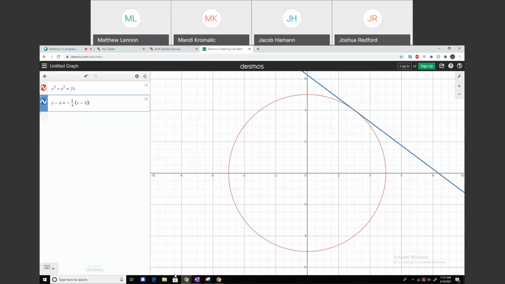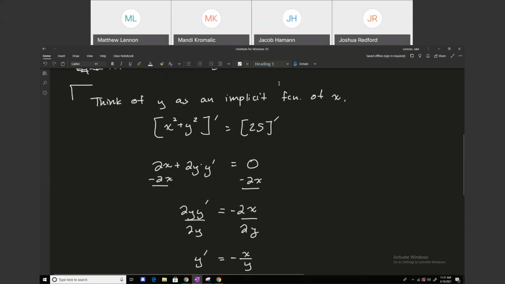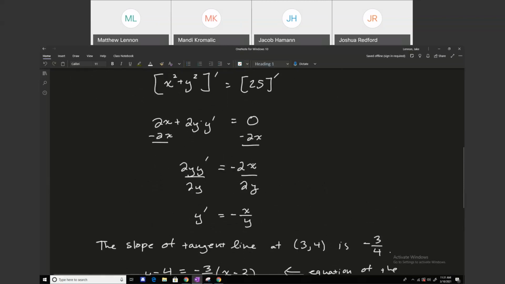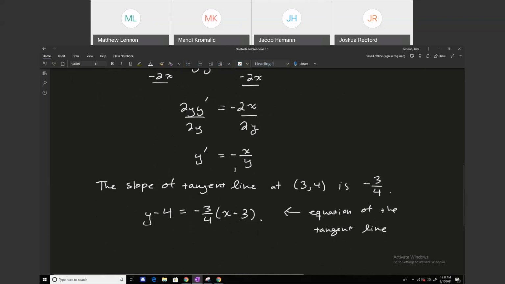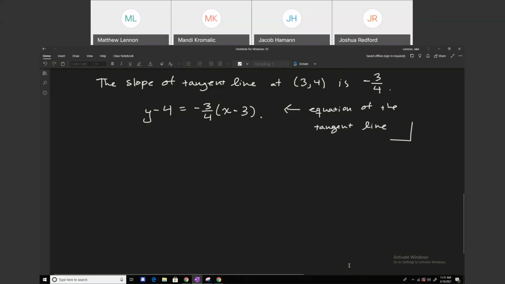So pretty neat. But the main part here is this derivative idea, how to think of one function as an implicit function of another and solve for the derivative. And that was where we didn't even first have y solved for. So let's go ahead and find another tangent line. This one is technically to a curve called the folium of Descartes.